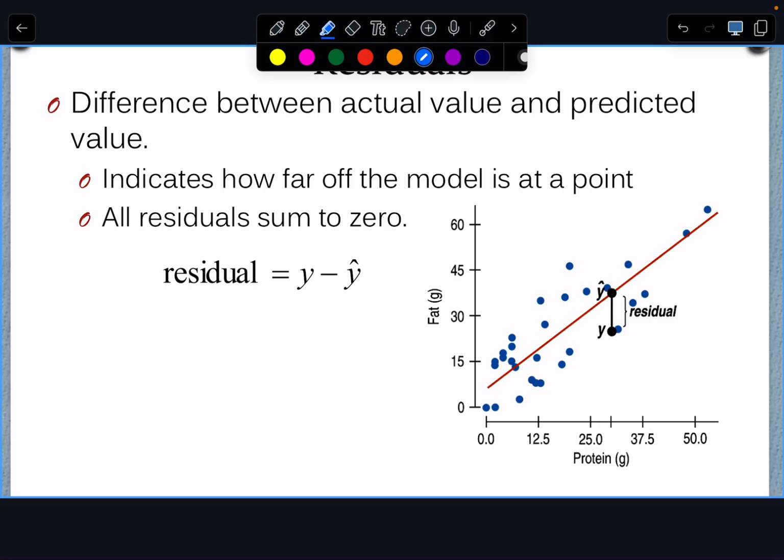And that's what a residual is. A residual is the difference between the actual value that we collected and what the model would predict for that value of x. So in essence, it tells us how far off the model is from the true value at that point.